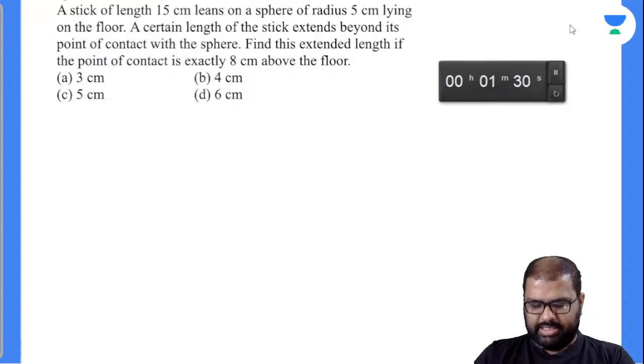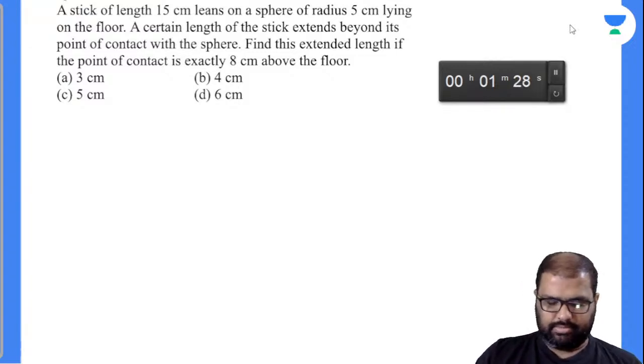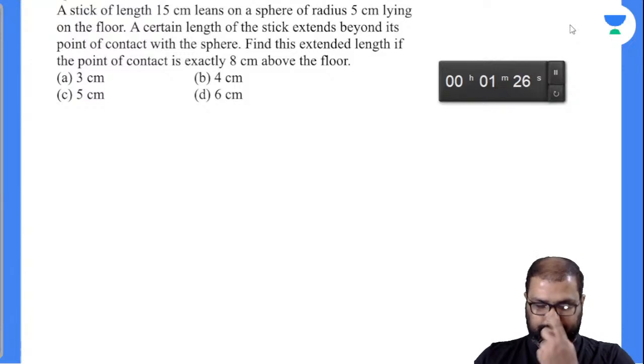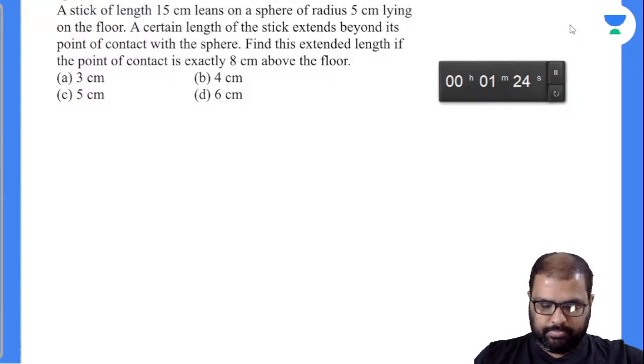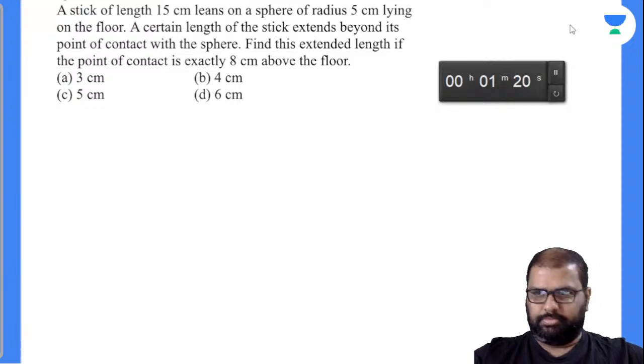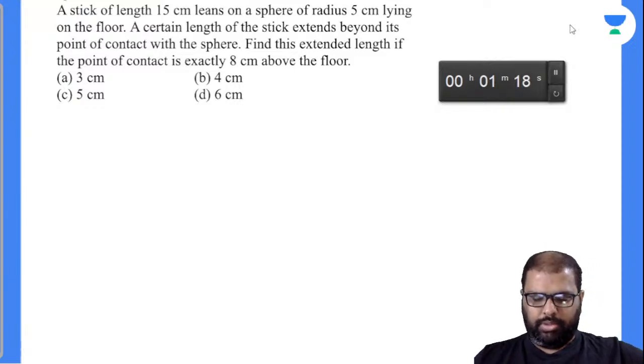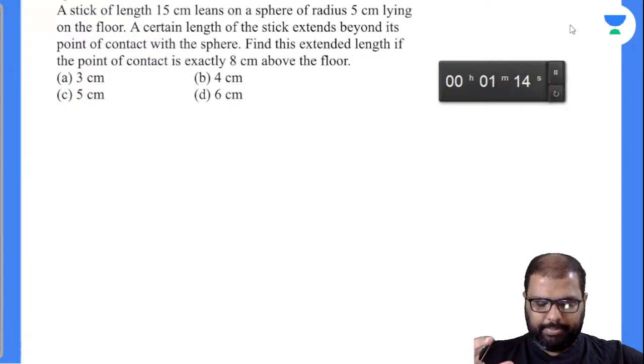Let's solve this and we'll continue in the next class. 1 minute more. So if you can draw the diagram perfectly, automatically solving is very, very easy. There are not that many hyperbolic properties to conclude this question.